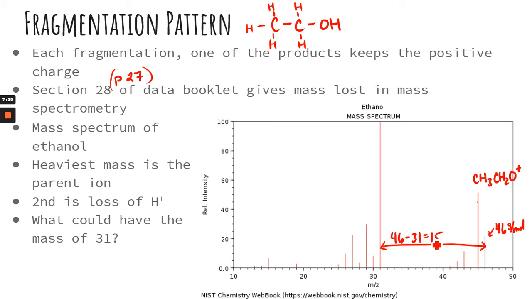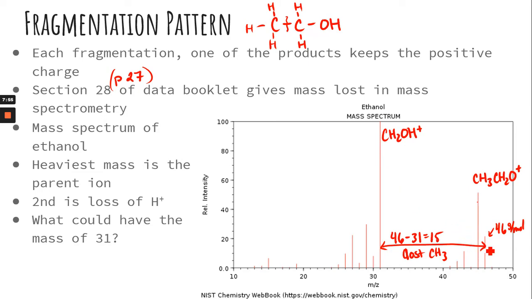That means if you lose a mass of 15, then you lost a CH3 group. So if I take my molecule here and I break it and lose the CH3, then what I'm left with is the CH2OH. And remember, it's got to have a positive charge.